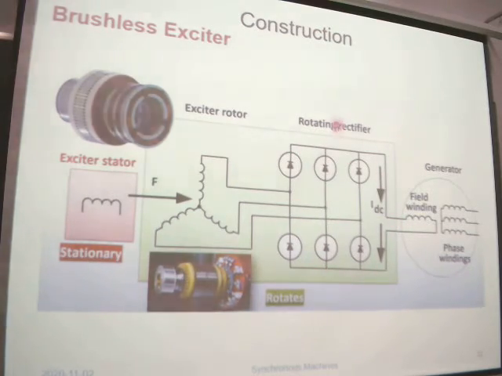This part we call the rectifier. Because this part is rotating with the rotor, there is no need for the rings and the brushes. So it is brushless.